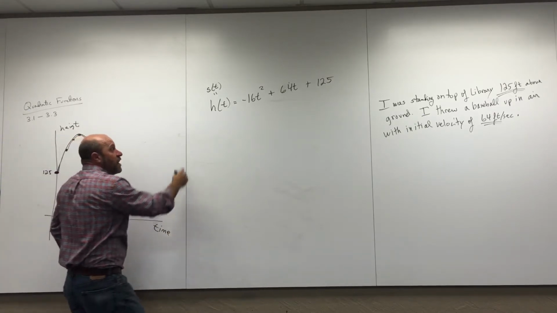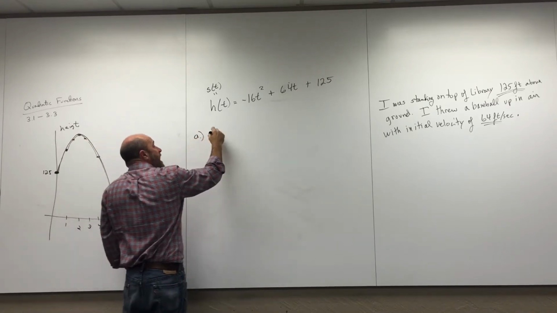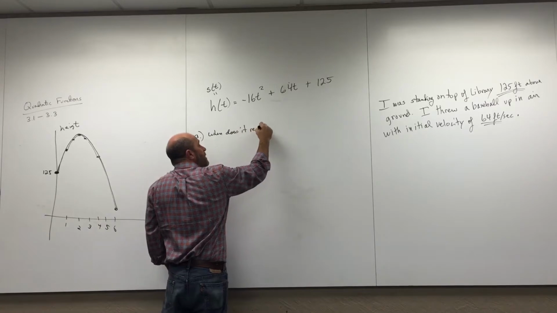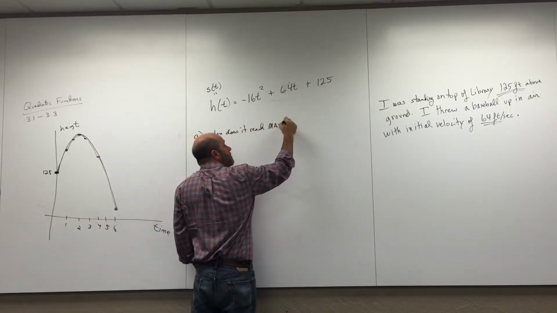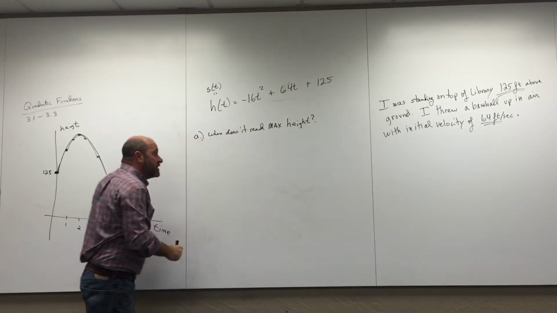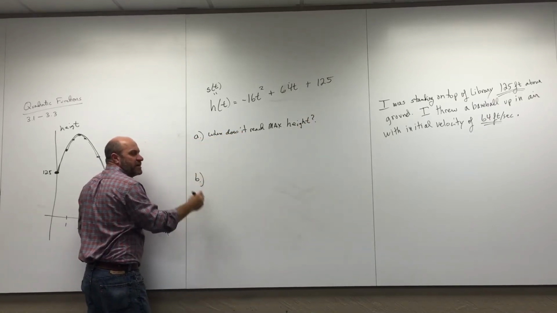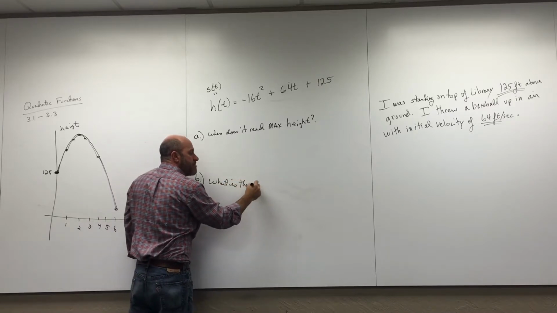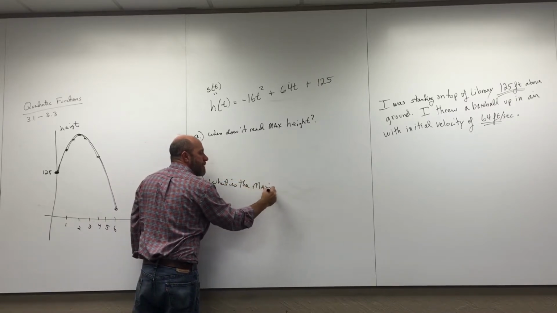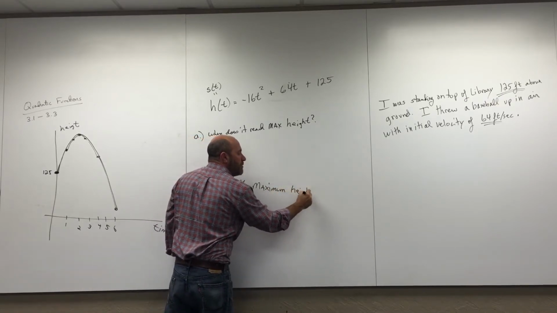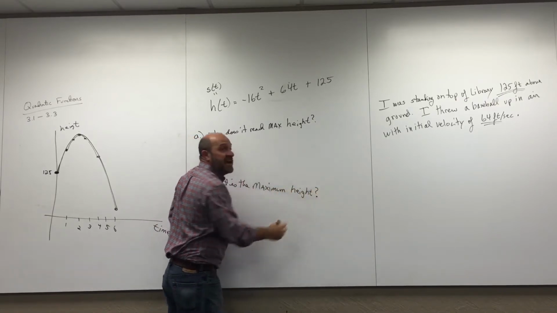Here's what I'd like to know. Here's the question. When does it reach maximum height? And then here's another question. These are classic questions. What is the maximum height? I know they sound like scary word problems, but can somebody tell me how unscary this is?